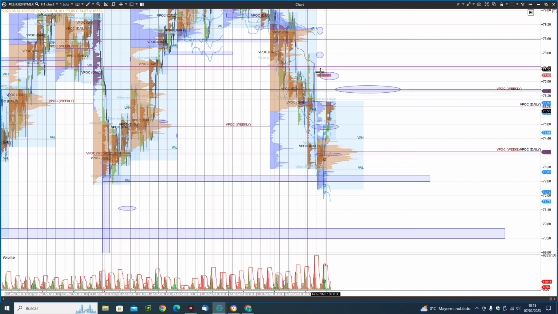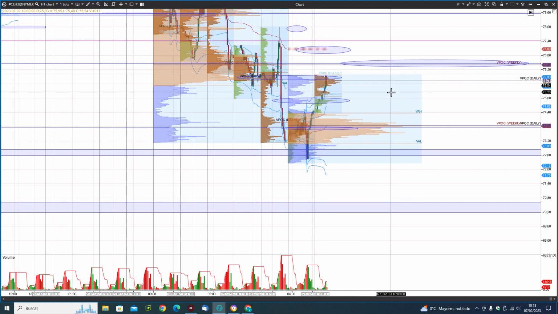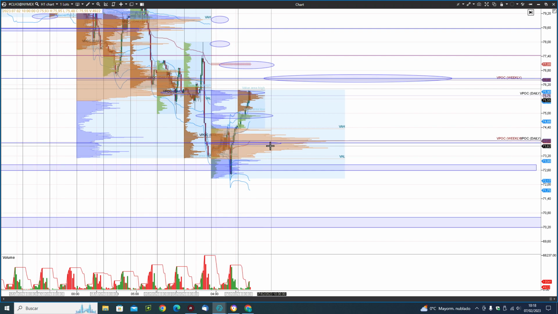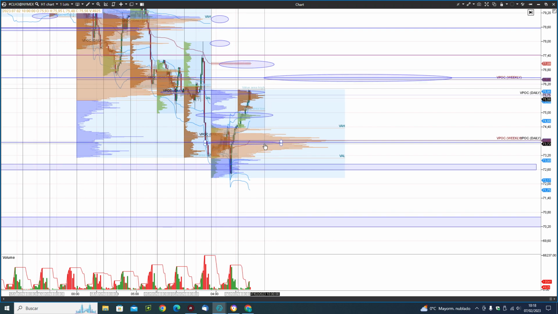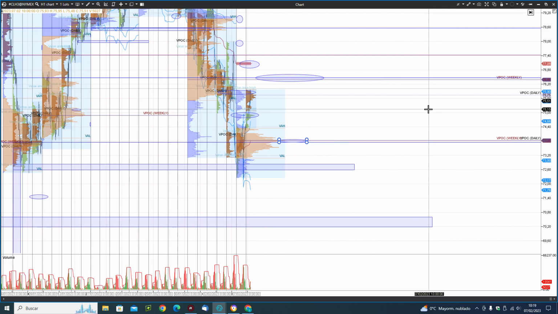The next one will be this final of weekly VWAP. About lower targets, we can think about returning to the daily VPOC and current weekly VPOC 73 and 87.